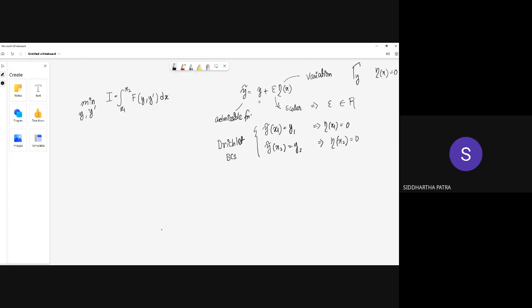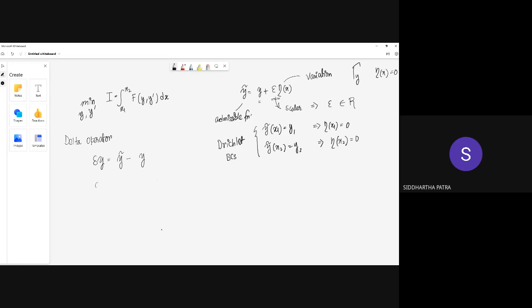Okay. Now we would introduce something called a delta operator, which basically means if I take the delta operator on y, that becomes y tilde minus y, which would tell you that essentially delta y is epsilon times eta of x.